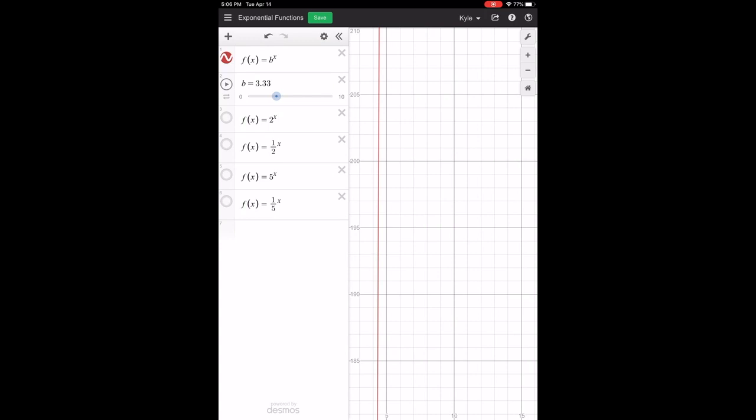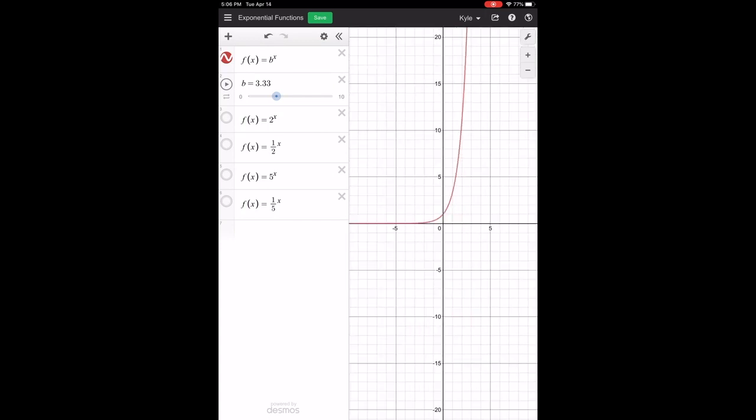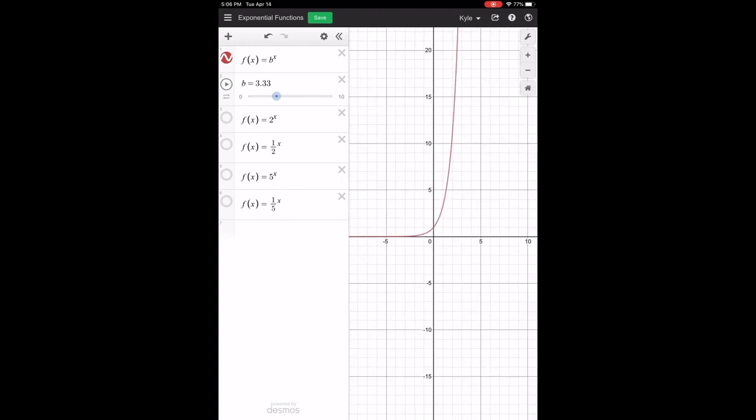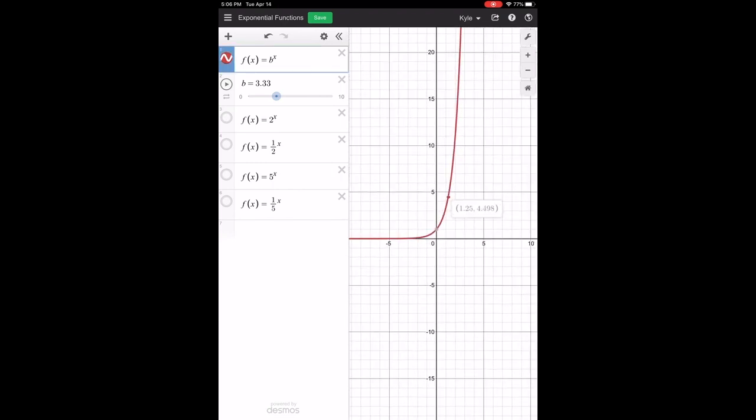So hopefully you're saying to yourself that the domain of an exponential growth function is negative infinity to infinity. We keep moving over to the left towards negative infinity, and to the right, though it's increasing slowly, we do keep moving over to the right. So this domain is negative infinity to infinity.